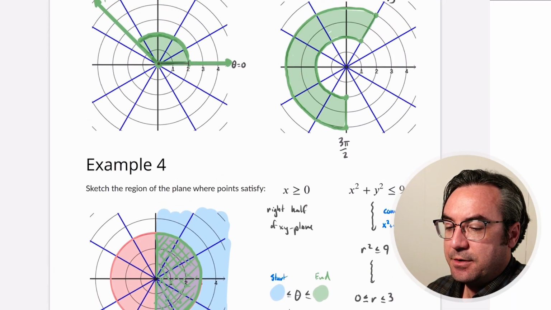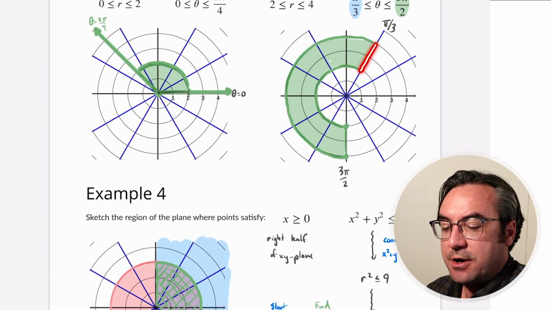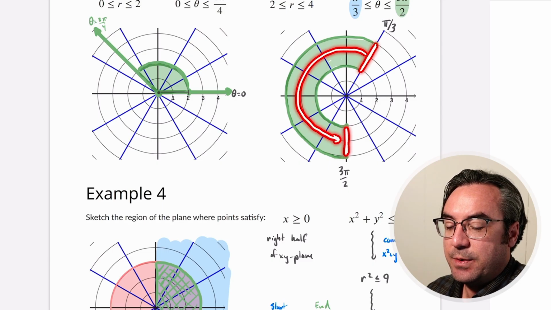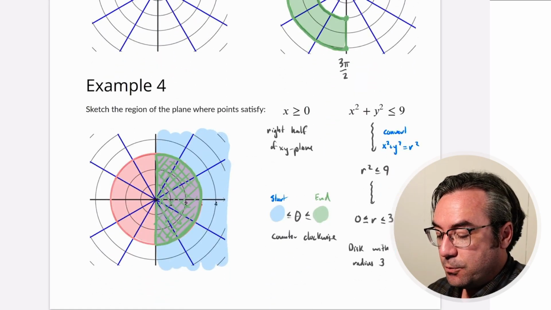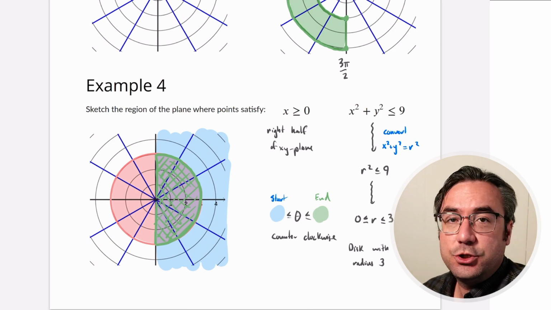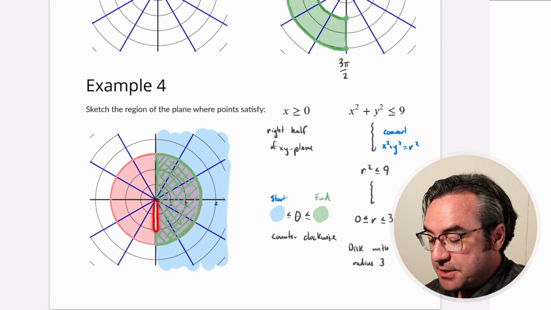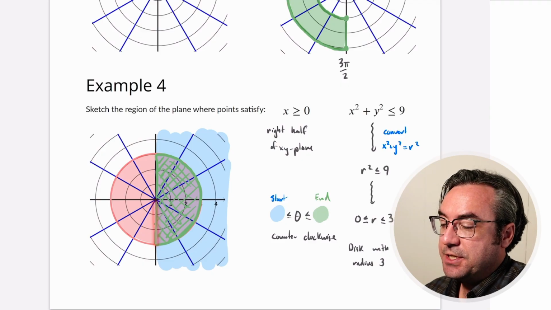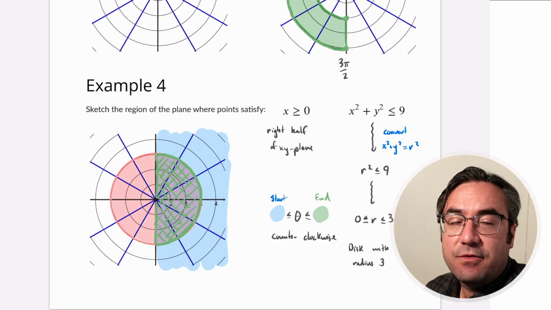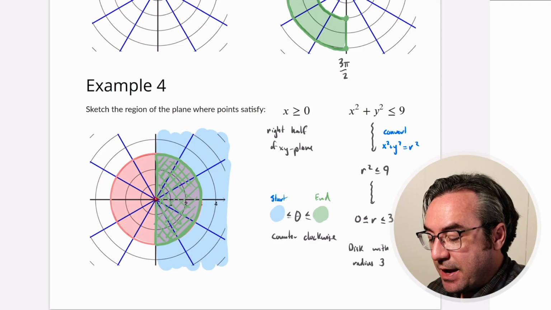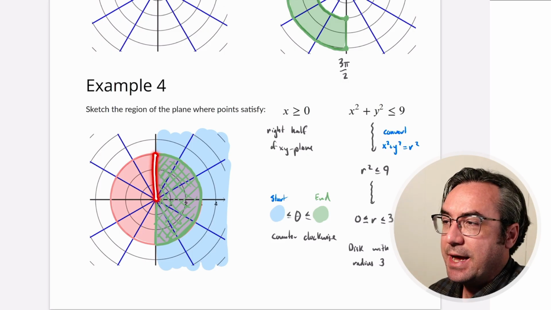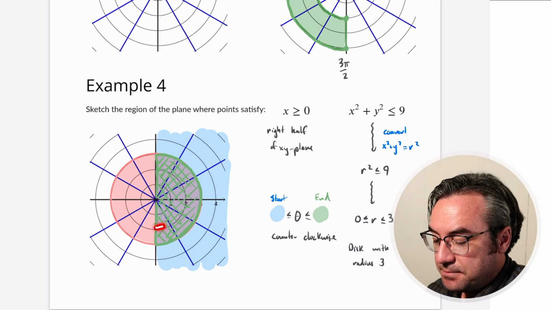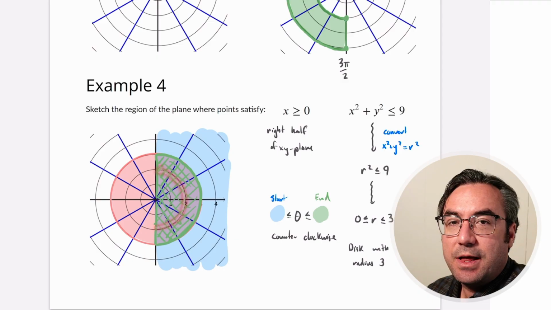Just like going back up, we had our starting ray here, and then we went counterclockwise, and then we figured out where we ended. We want to do the same thing in this example. So we want to find two rays, and we've got one ray here, which is the negative section of our y-axis, and then we've got another ray up here, which is the positive section of our y-axis, and we can imagine just going counterclockwise.